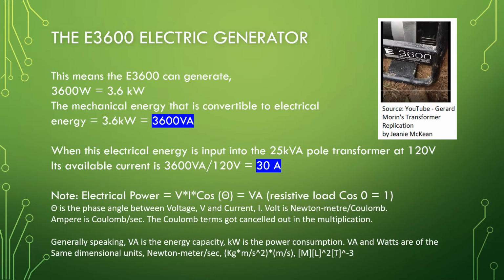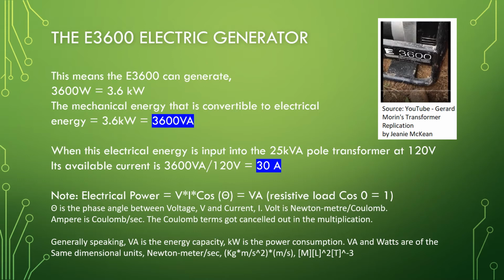The E3600 electric generator. This means the E3600 can generate 3,600 watt, equal to 3.6 kilowatt. The mechanical energy that is convertible to electrical energy equals 3.6 kilowatt, equal to 3,600 VA.